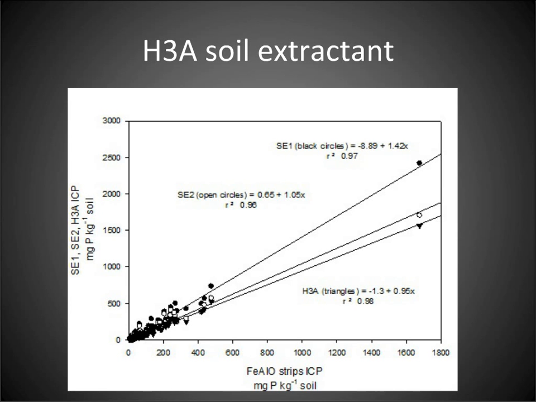So it's been an evolution of trying to make it better and make it reflect what we hope to see in natural systems. But again, this is the tip of the iceberg, and I fully expect somebody to come up with something better in the next 5 or 10 years. But I think this is a step in the right direction, using these organic acids that plant roots actively dump into soil, and try to mimic the natural system as best we can in the lab, because there's always going to be limitations.